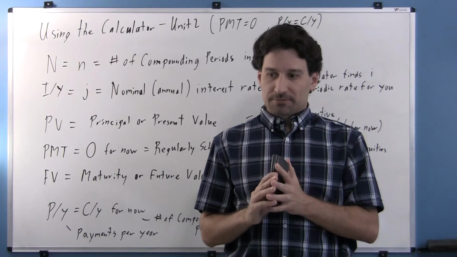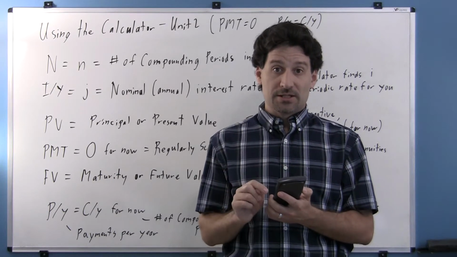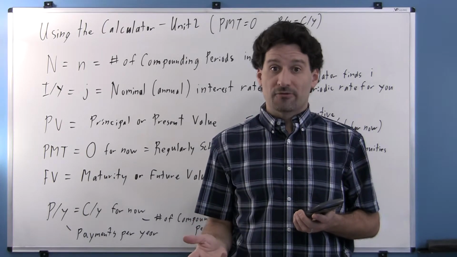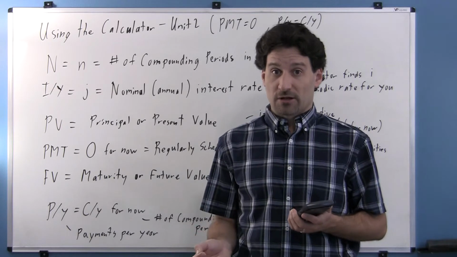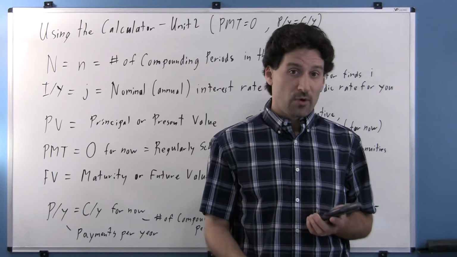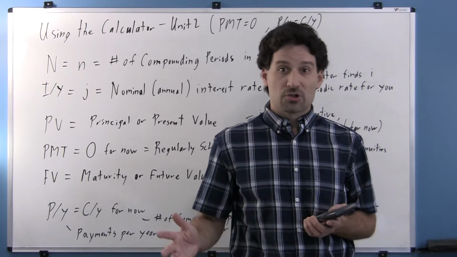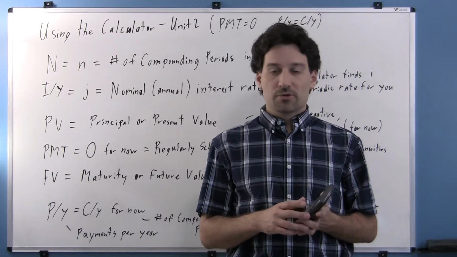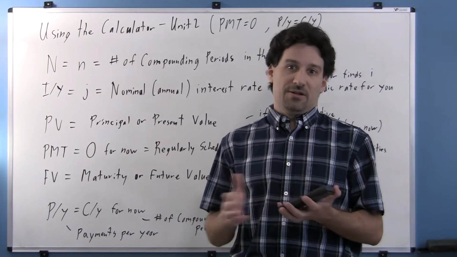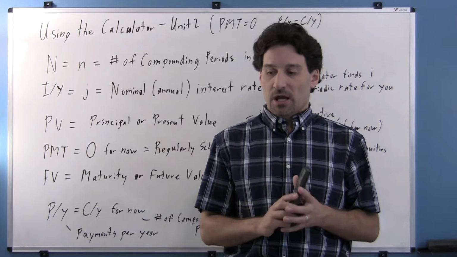The reason is, the quicker and more skilled you get at using these, well, for one, if you're ever doing this for an actual job after you're finished at Conestoga, you're going to use computer software, or you're going to just search the internet for a mortgage interest calculator, or you'll use Excel, or you'll use this calculator. So you might as well get familiar with other systems, other ways to do this.